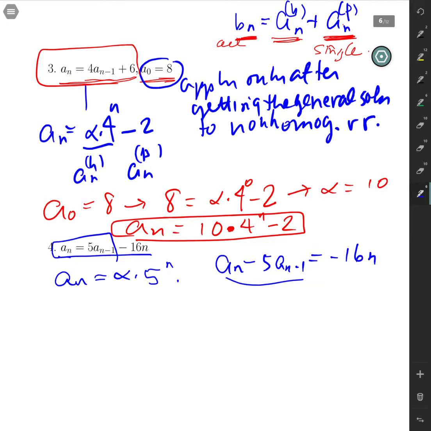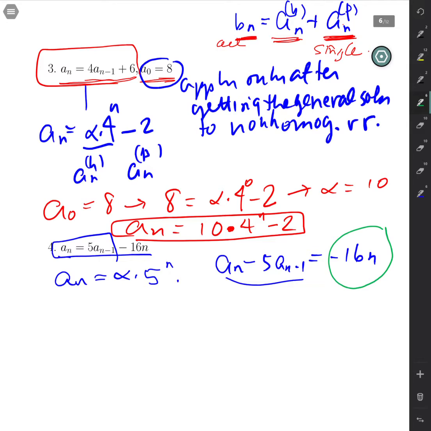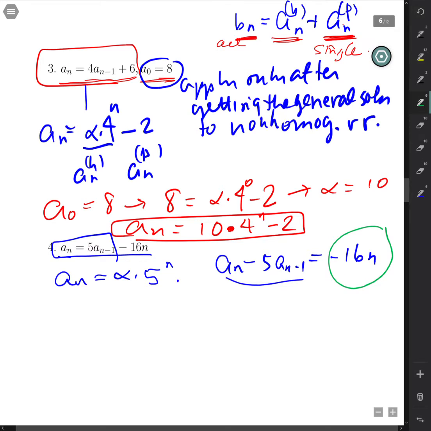Well, the last time when we had a constant on this side, we tried a constant sequence. But this depends on n. What we'll see works, and I'm going to demonstrate this through the example, is that when that is a polynomial, as this is, a first-degree polynomial, then an arbitrary first-degree polynomial is the type of thing we should try.